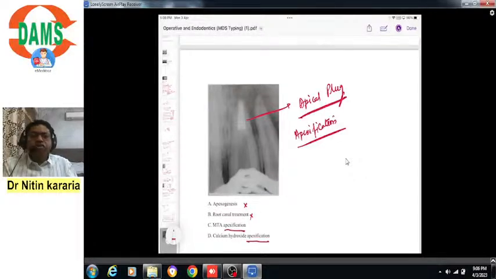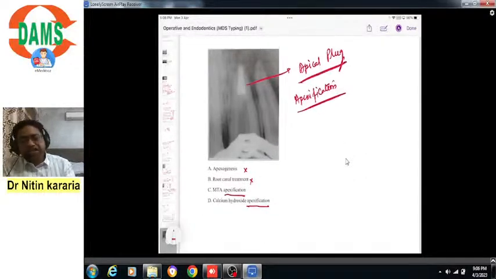Now there are two options, but you can see it is such a uniform dense apical plug, which is not possible with calcium hydroxide. Calcium hydroxide forms an apical plug which is not very uniform. It is not very dense because of the porosity present.